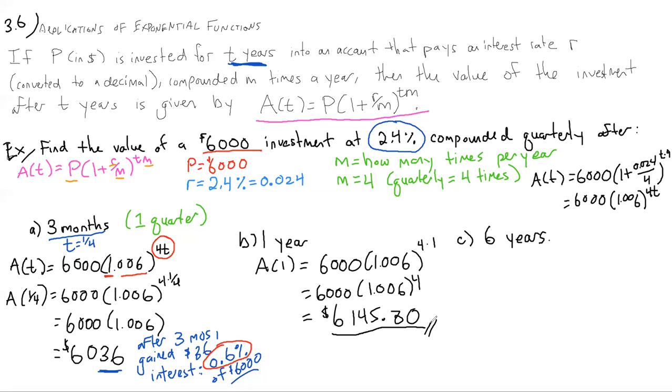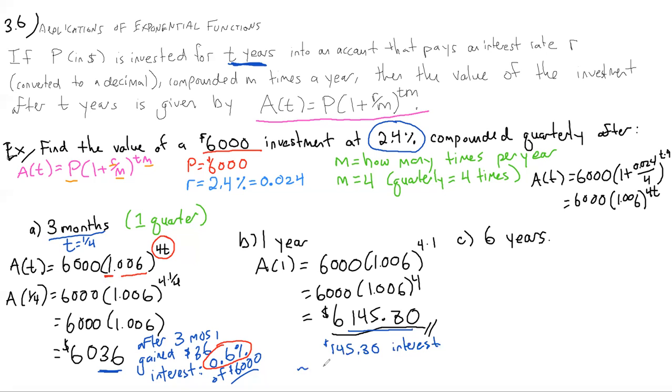All right, so in this case, what we're seeing is very similar. We have a total accumulated interest over a year of $145. Right, this is what we gained over the initial 6,000. And if we compare that to the original 6,000, it's a little bit more than 2.4%.